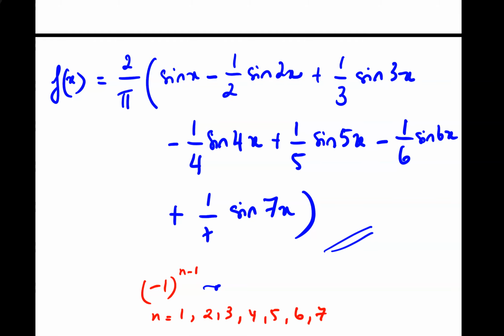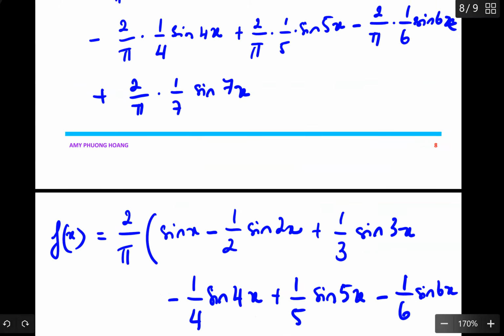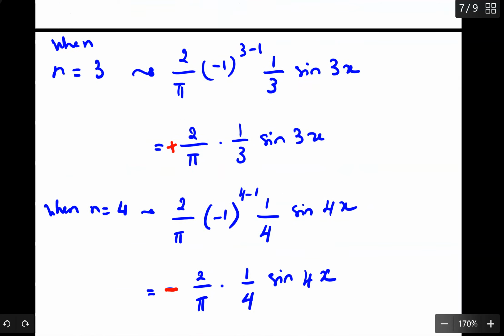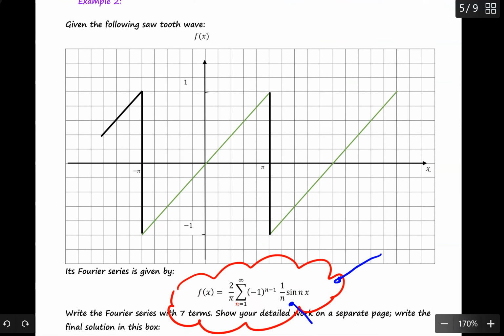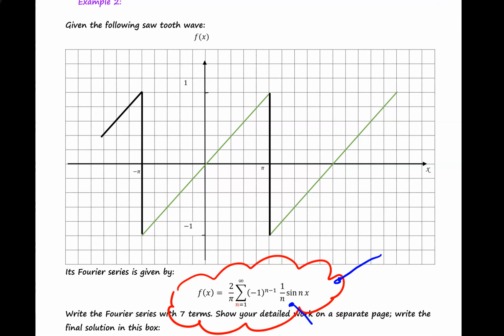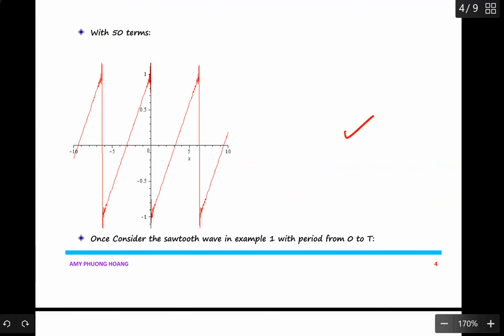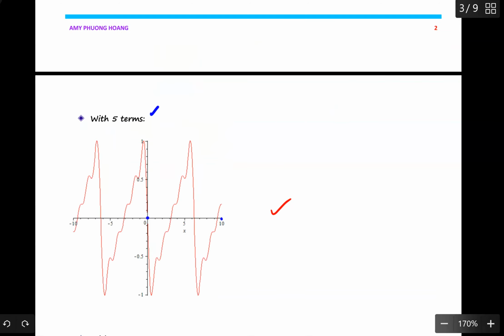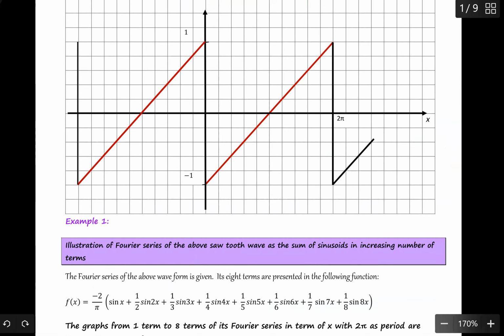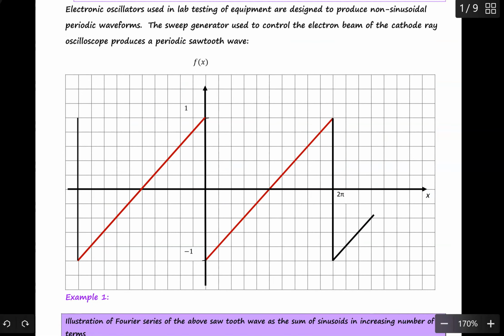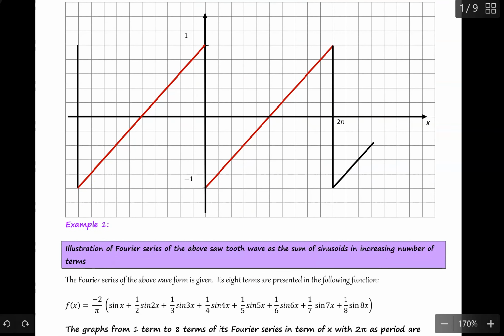Alright? Okay. So what do we want to draw out from this question? What we want to draw out from this question is according to what we have at the very beginning of the lesson. You see that I am having this as a sawtooth wave.